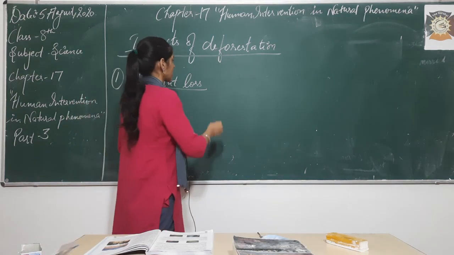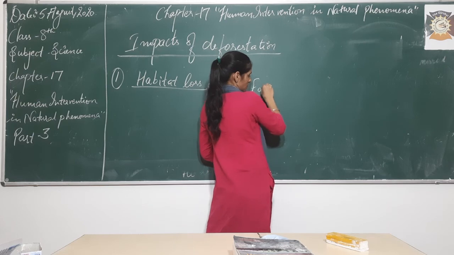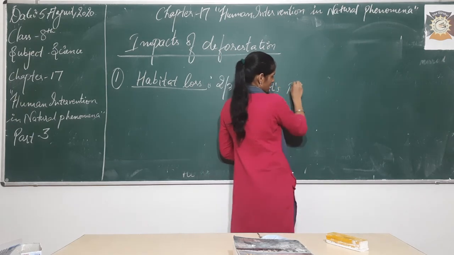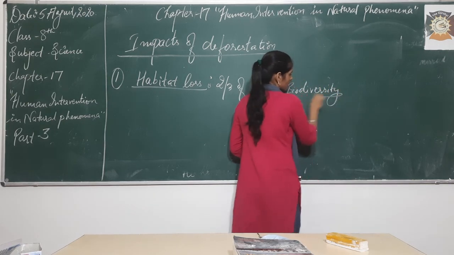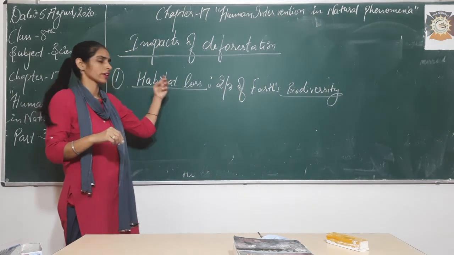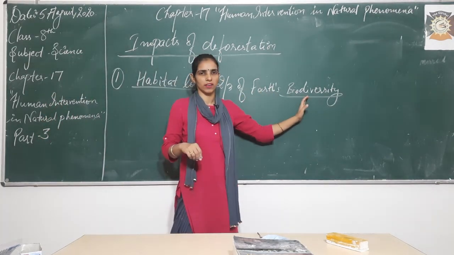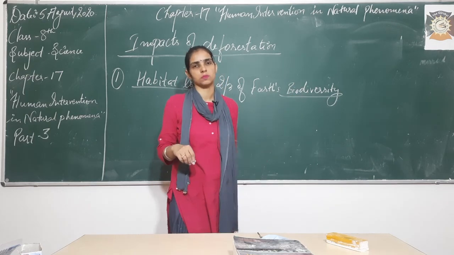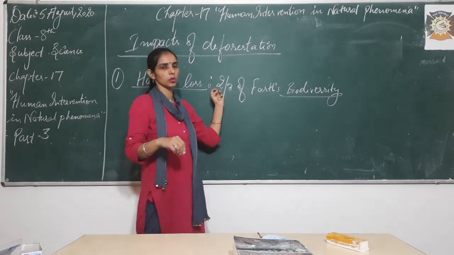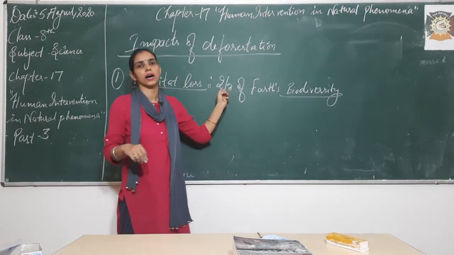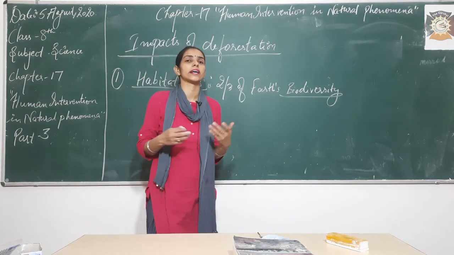Now the question is, how many species will be affected by this deforestation? Just see, 2/3 of Earth's biodiversity exists in forest actually. Whatever number of species we have on Earth, 2 out of 3 parts are living in forest, and they will find their habitat lost.